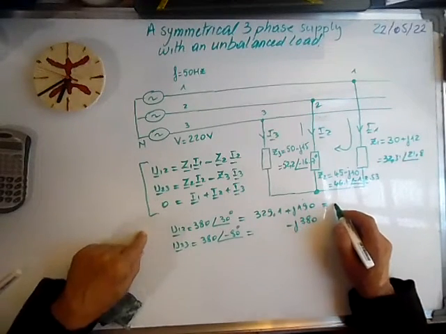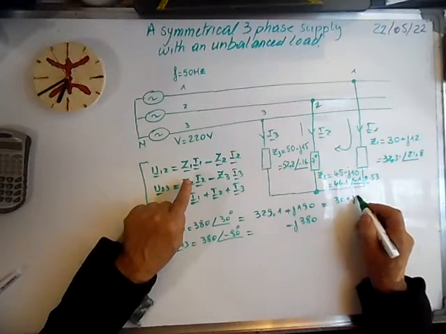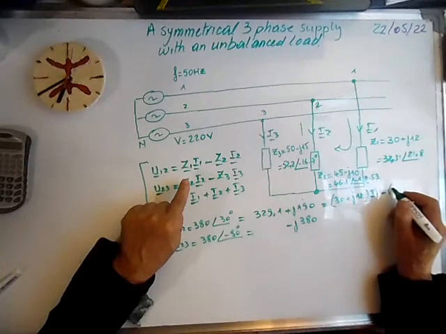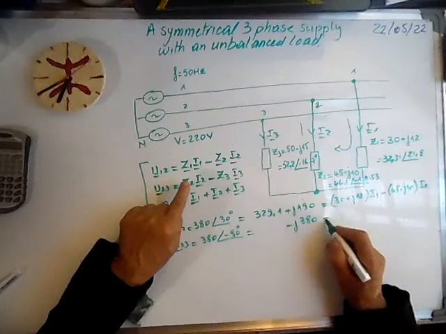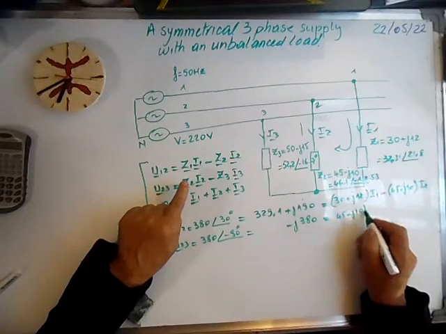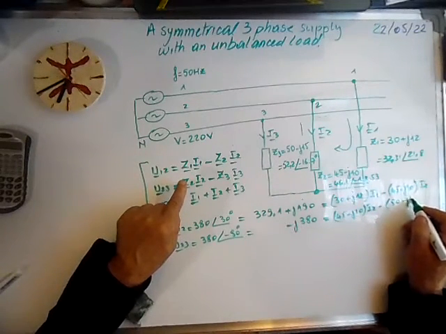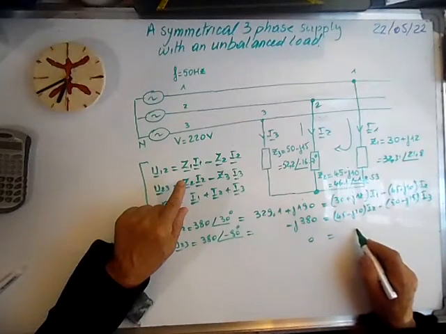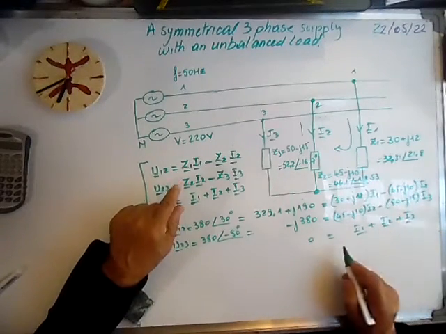And this is equal to (30 plus j12) times I1 minus (45 minus j10) I2, and this one is equal to (45 minus j10) I2 minus (50 minus j15) I3, and we have the last equation, I1 plus I2 plus I3 is equal to 0.